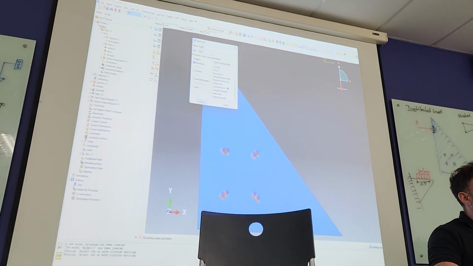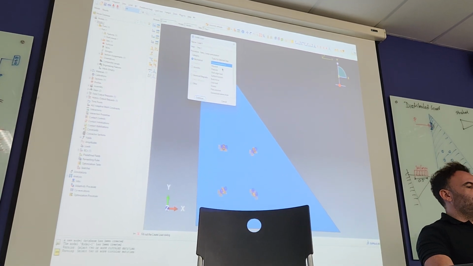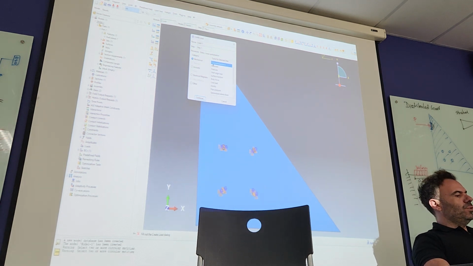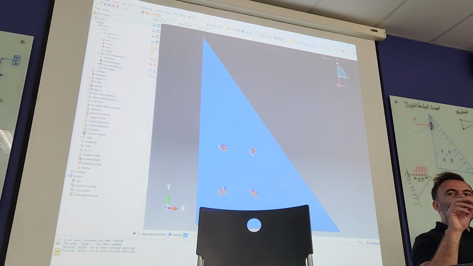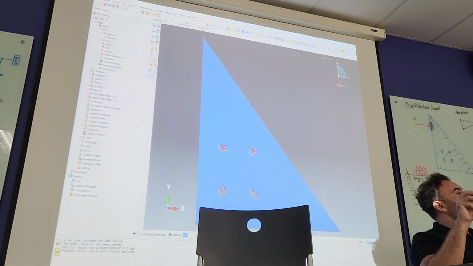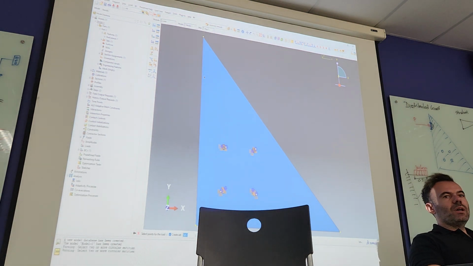These other bits are not relevant. So let's explore this. Let's go with the concentrated force, yeah? And then we've got a problem, because when we're applying force, there must be a node at the location where we want to apply it. So how to go about this?